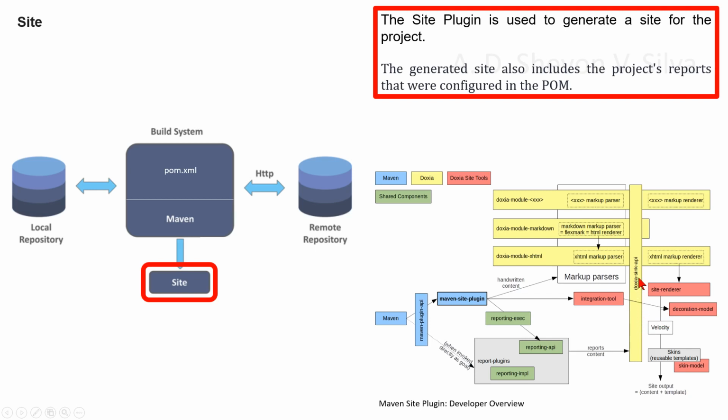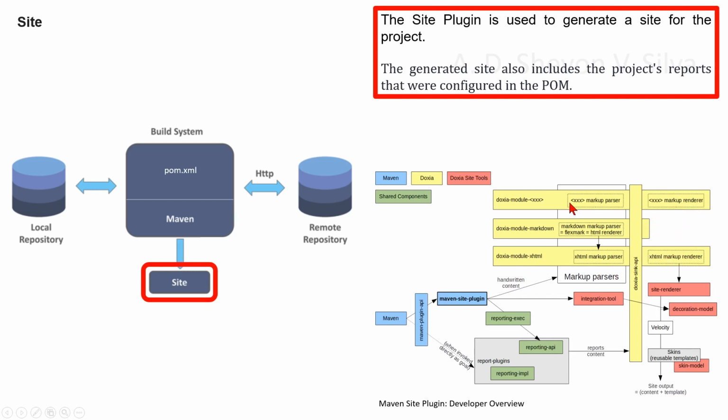Doxia Sink API is connected to the Doxia modules, and a Doxia module has a markup parser. Basically Doxia Sink API is connected to Doxia module markdown, Doxia module XHTML, markup renderer, and XML markup renderer module.